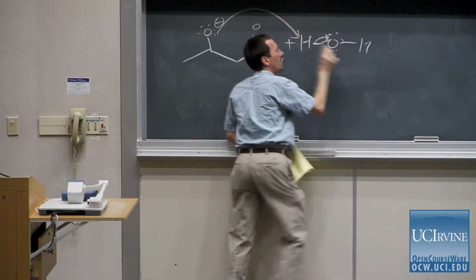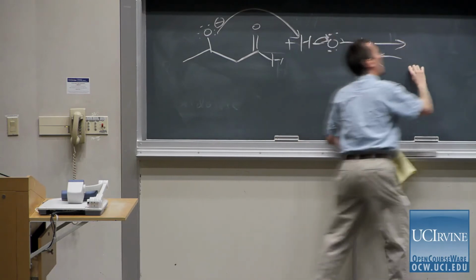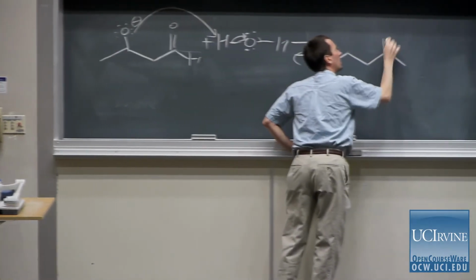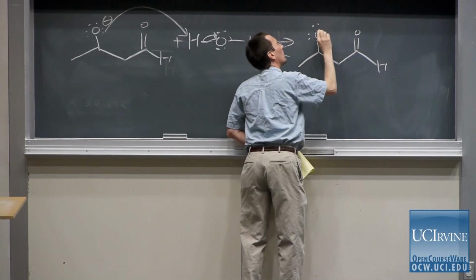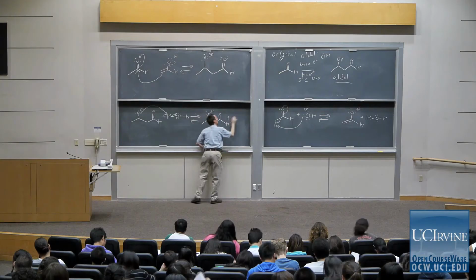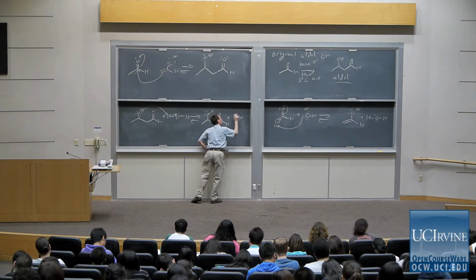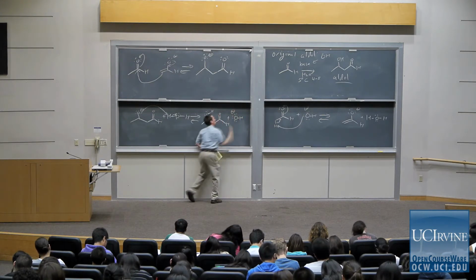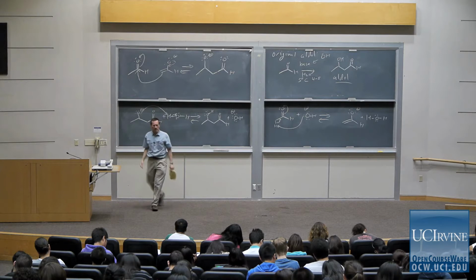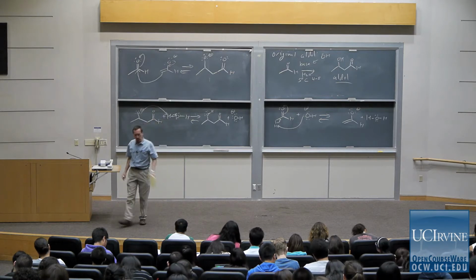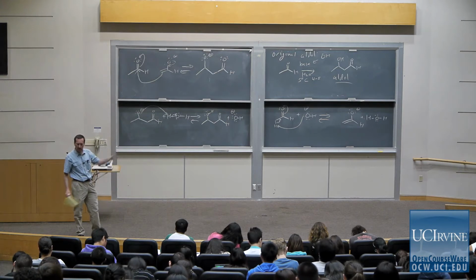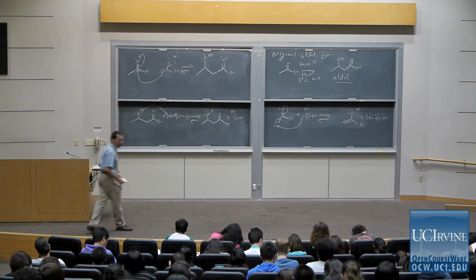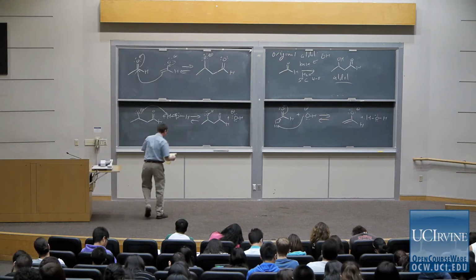We regenerate our hydroxide. As you can see, hydroxide is a catalyst for this reaction. It's consumed in the first step, but recreated in the last step, and so it's catalyzing the reaction, bringing together the two components.